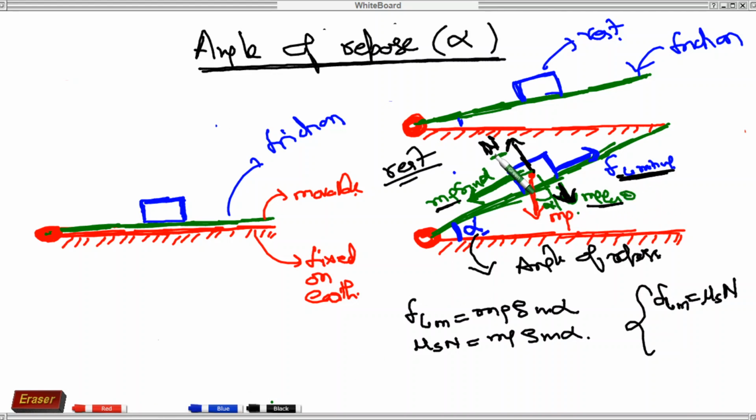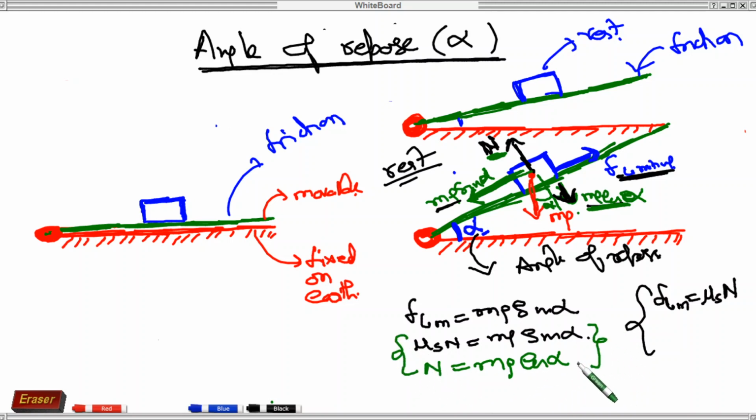What will N be? Balancing the forces, N is equal to mg cos alpha.